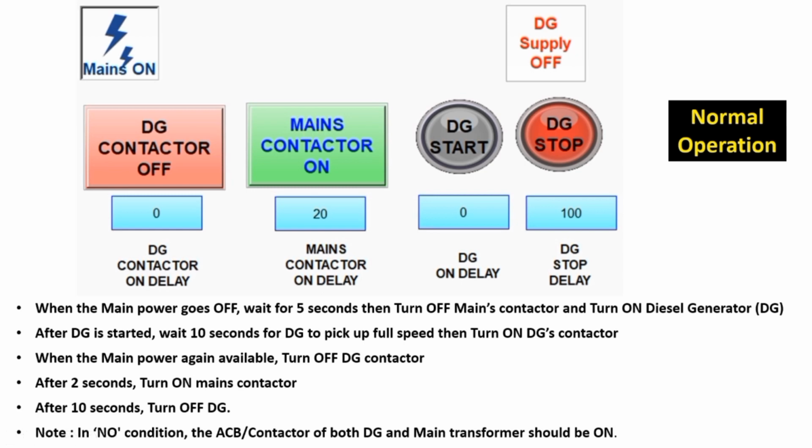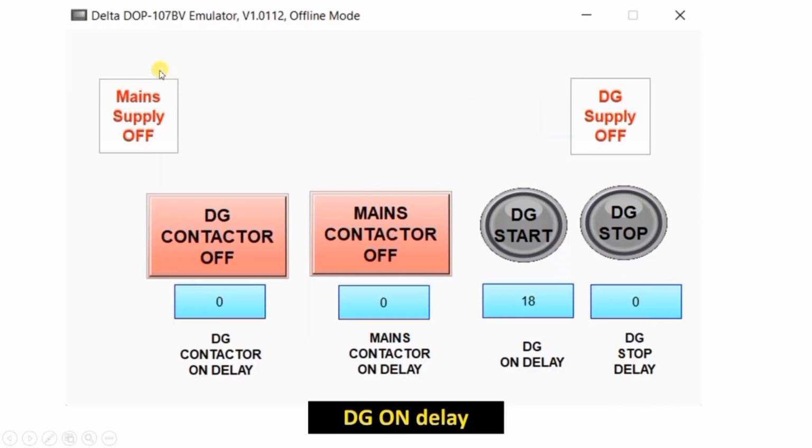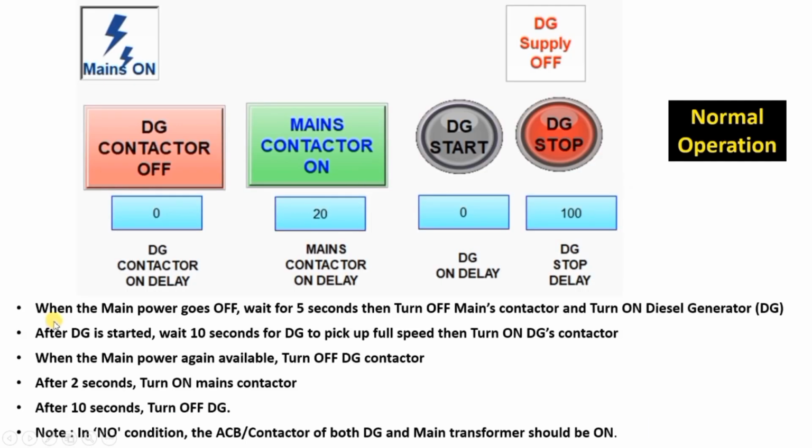Now let us assume that mains power is not available. Then what will happen? It will turn off our main contactor instantly, and after a delay of 5 seconds, you can see over here, when the main power goes off, wait for 5 seconds, then turn off mains contactor and turn on diesel generator.